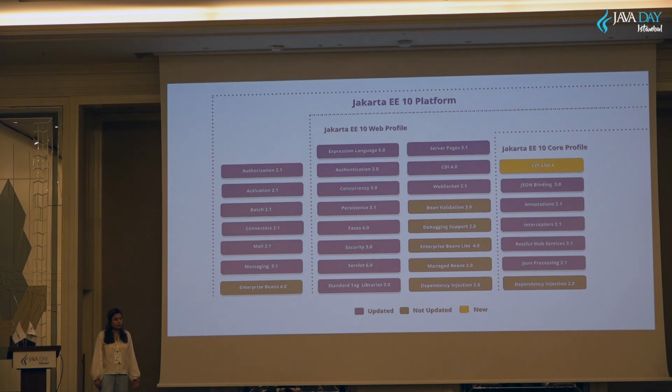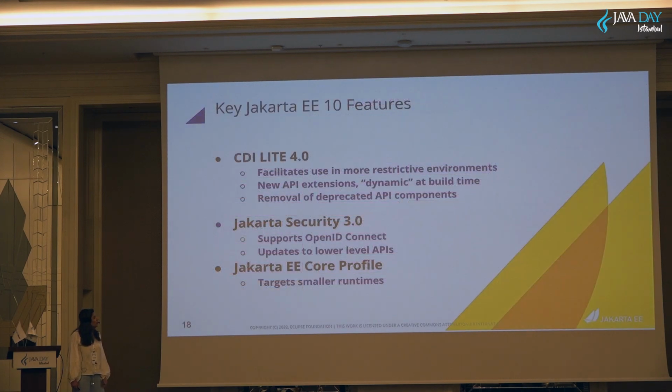But why are we excited? Because smaller runtimes are able to become compatible implementations. Another new specification that was added, and it's a whole new one, is CDI Lite, which facilitates use in more restrictive environments, new API extensions, dynamic at build time, and removal of deprecated API components.